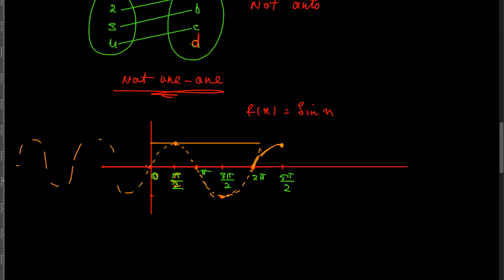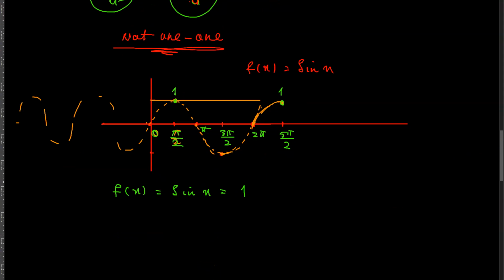So what happens is that basically you can say that f of x, which is equal to sine x, is equal to 1 over here. The output is 1. Over here the output is again 1, right? That's not a good statement, actually, that doesn't mean anything.